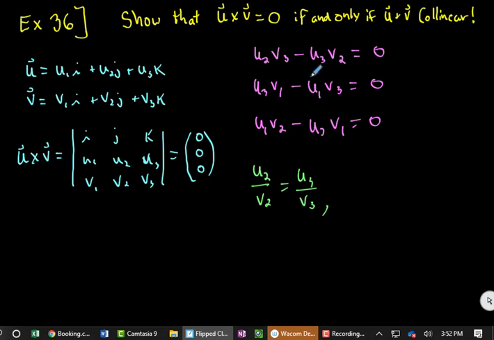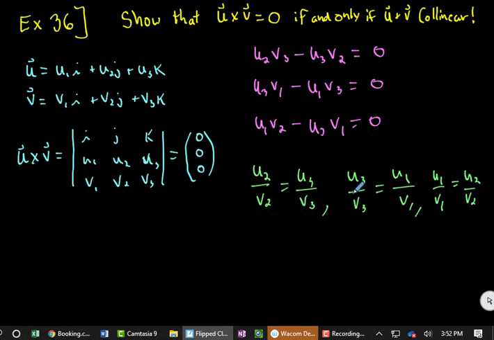Then I can do the same for this one: solving for u sub 3 over v sub 3, that's going to be u sub 1 over v sub 1. And finally, the last one gives u sub 1 over v sub 1 equals u sub 2 over v sub 2.